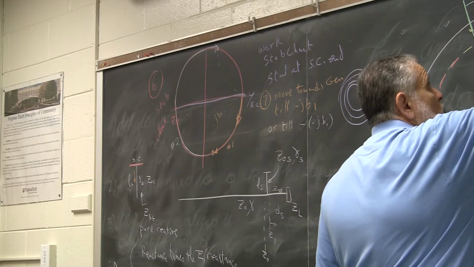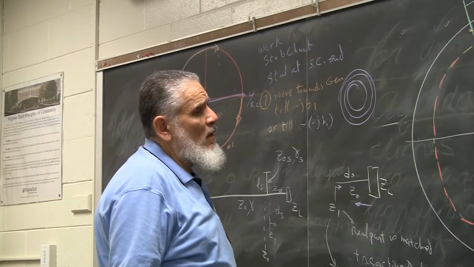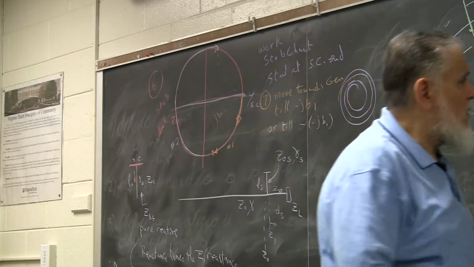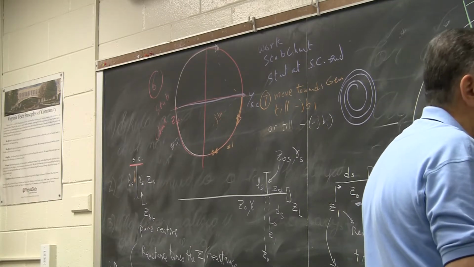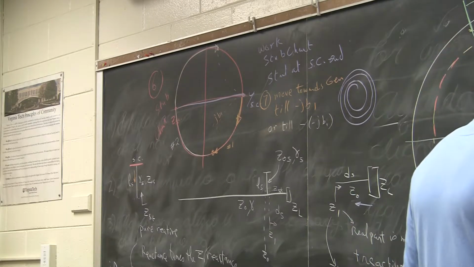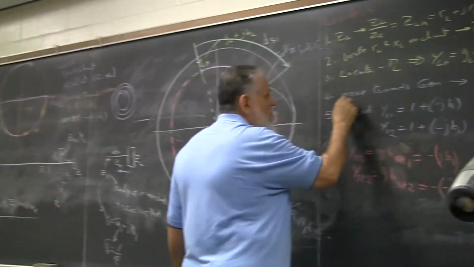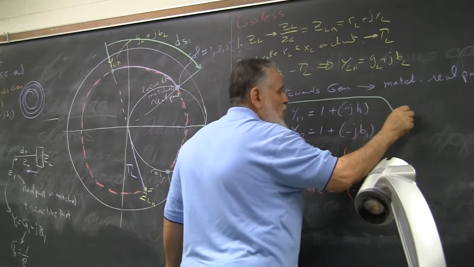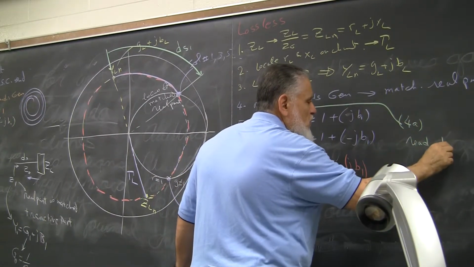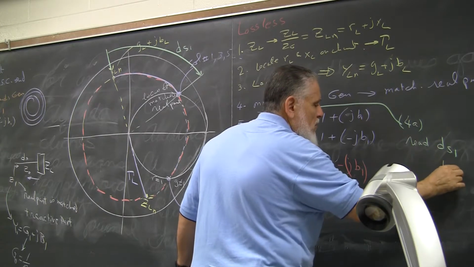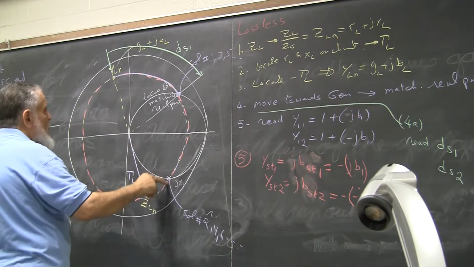That's DS1. So I have step 5 twice here. Okay. So somewhere in here, for A, read DS1 and DS2. DS2 would be from here to the second solution.